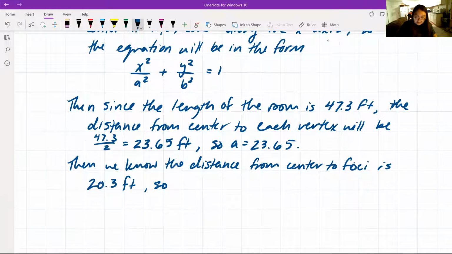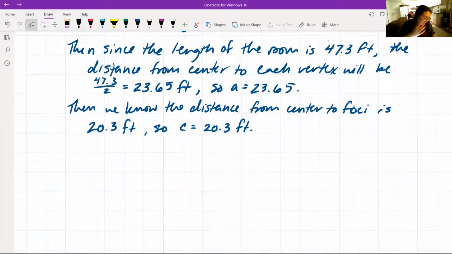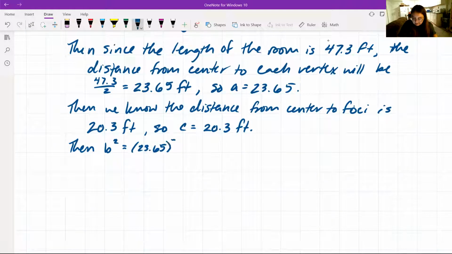So then we get that C is equal to 20.3 feet. Then we know B squared is equal to A squared, so 23.65 squared minus C squared, which is 20.3 squared.